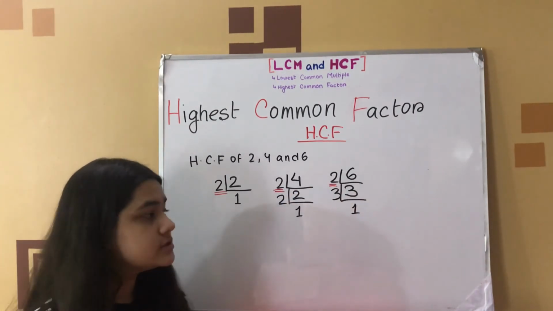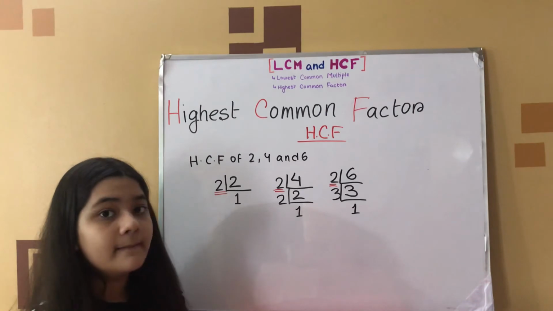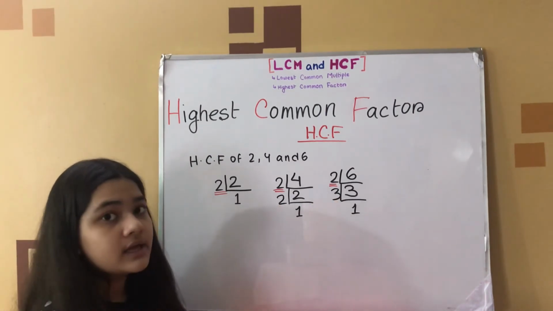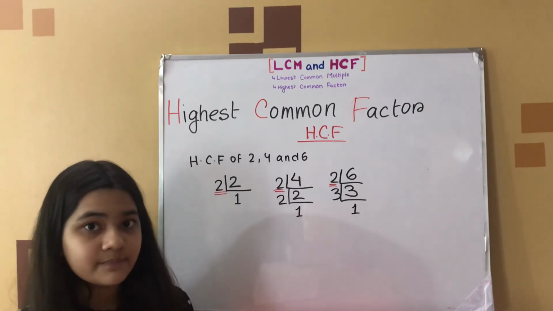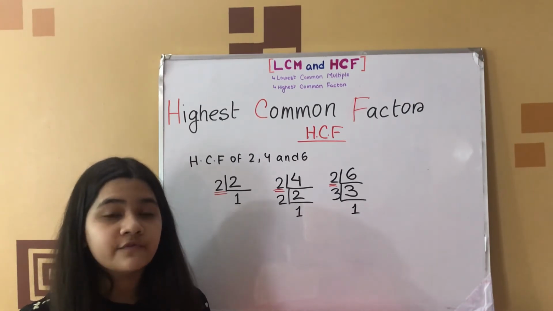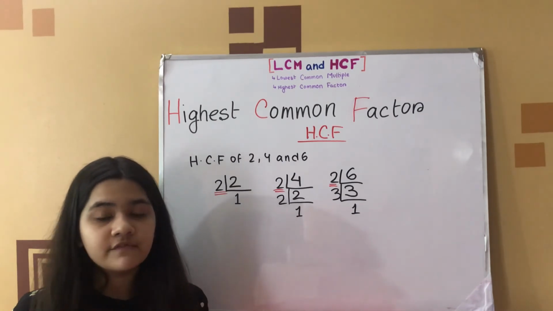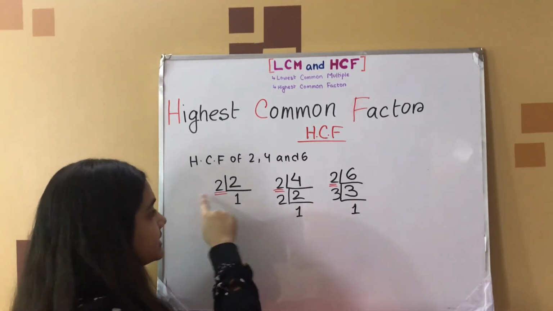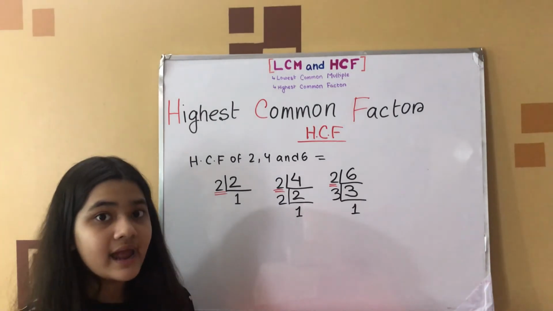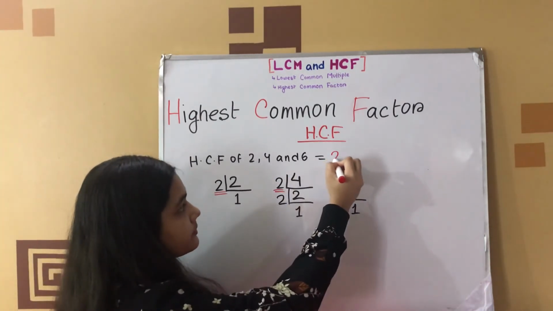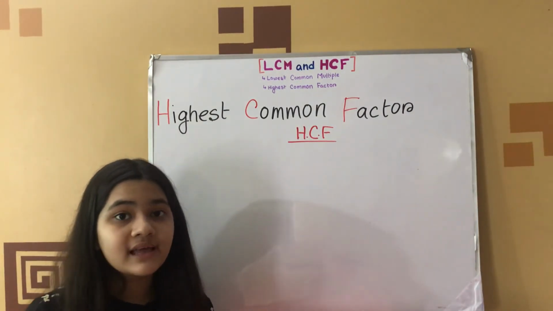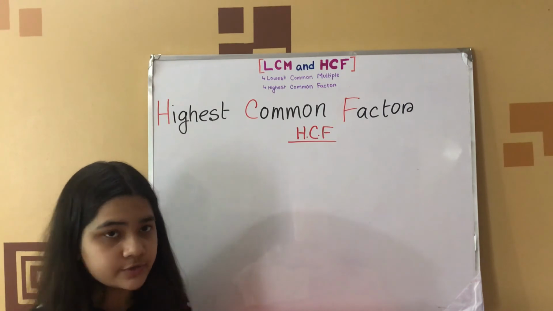We are not going to take 2 and 3 because they are not common in all the three numbers. We are finding the HCF, that means the highest common factor. The common number between these three numbers is 2. Their HCF is 2.